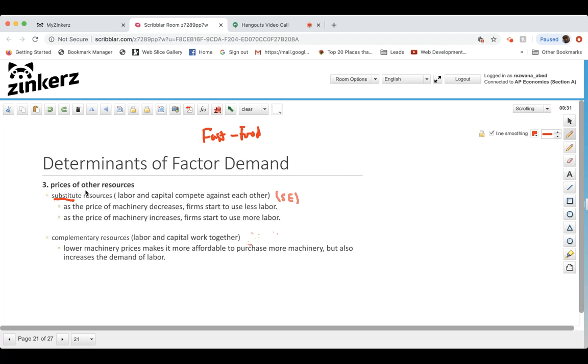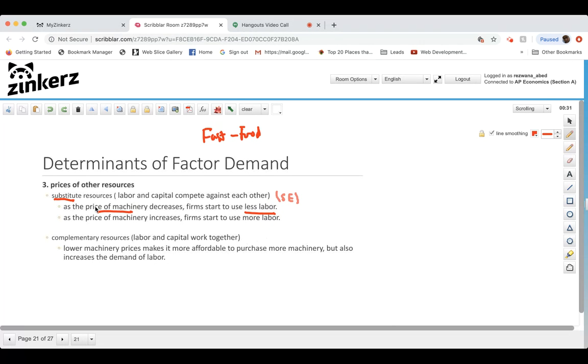And let's say there was a drop in the price of this machine, firms will respond by decreasing their demand for labor because they're substitutes for each other.